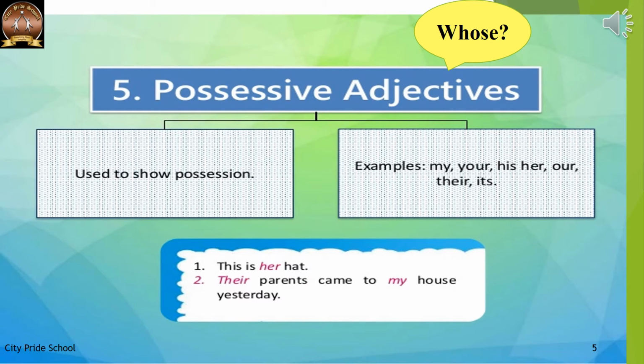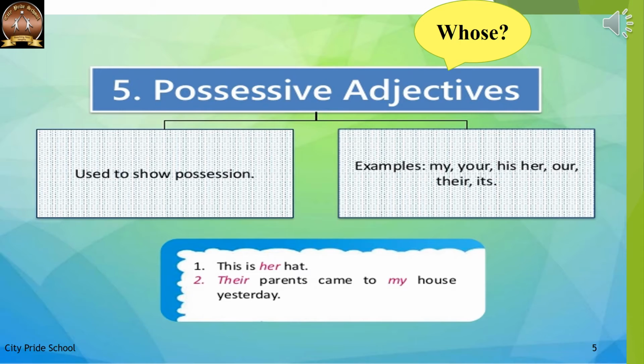Possessive adjectives. Possessive adjectives are used to show possession, meaning belonging, ownership. They always answer the question whose. Examples: my, your, his, her, our, their, its.